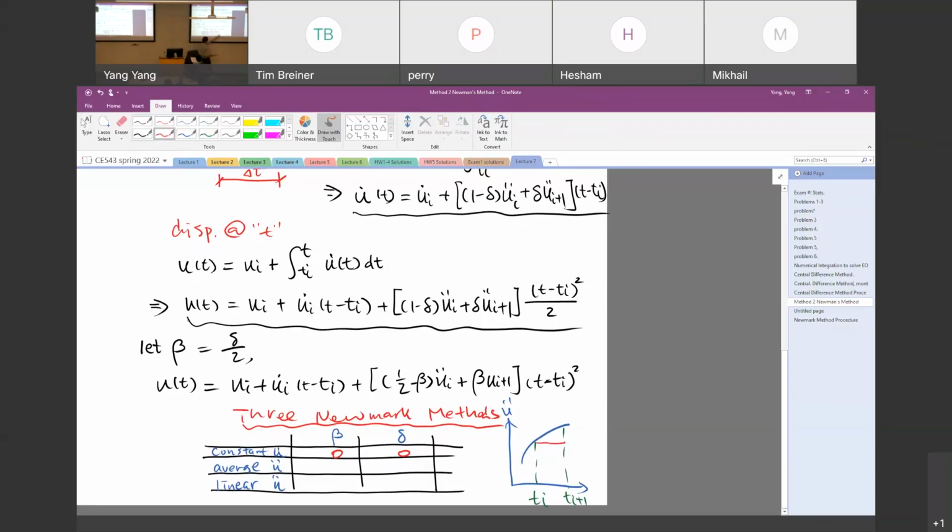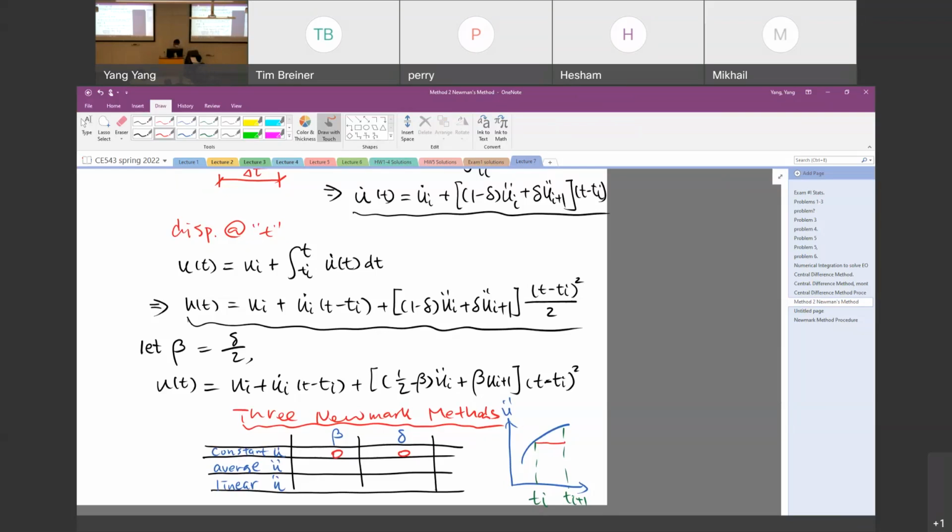We assume the acceleration is constant and equal to the acceleration at the start of the time step. As you can see, that's just an approximation, because the theoretical acceleration is varying, but in order to make the computer work, we have to assume the acceleration here.